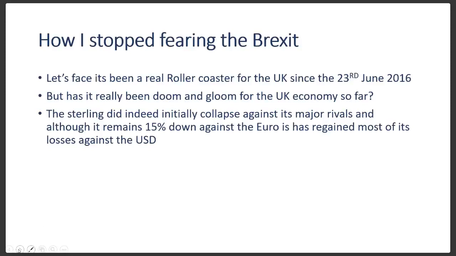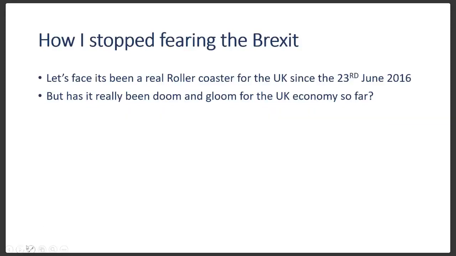And though it does remain dramatically down, like 50% against the euro, it has regained a lot of its losses. Don't forget, we had that spike down back in October 2016 when it went to 1.1117. As low as that, that was obviously a flash crash. But we know since it's back up to 1.29, it has regained some of its composure against its peers.